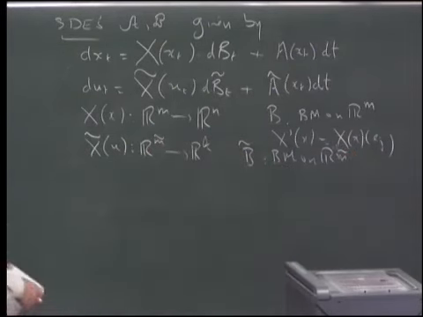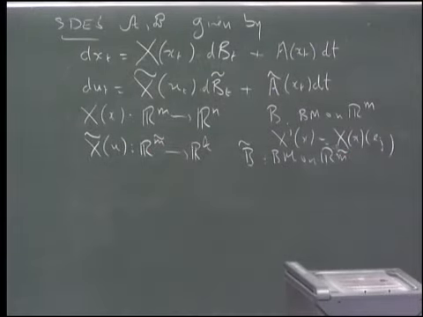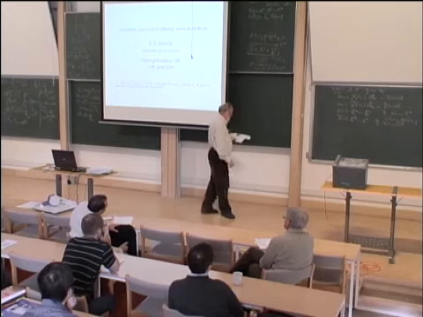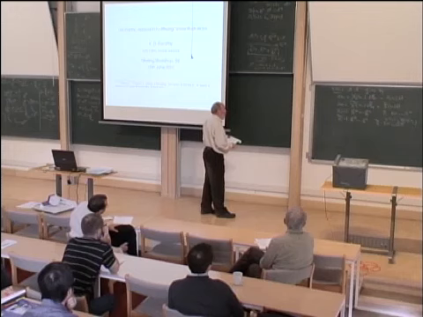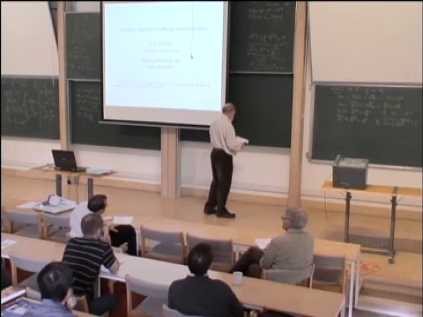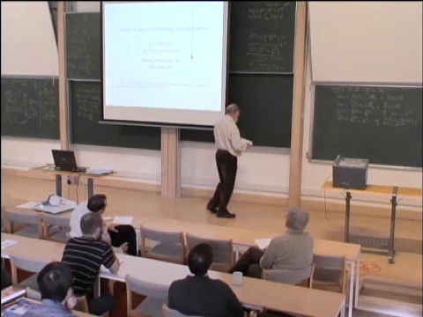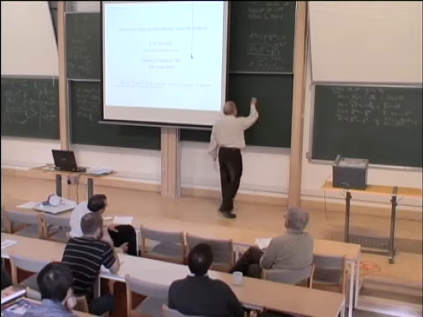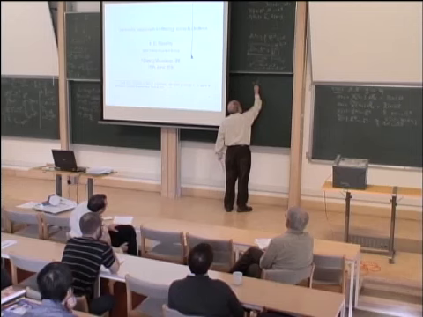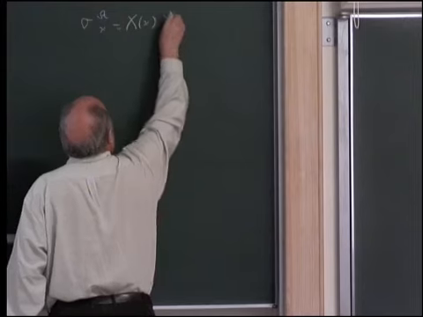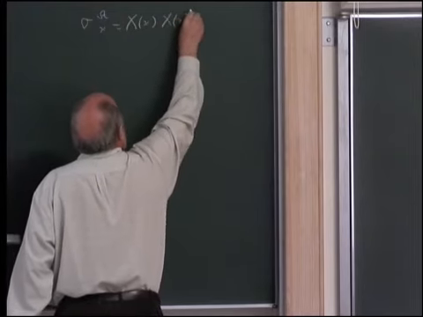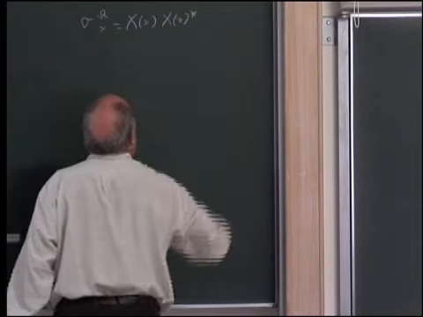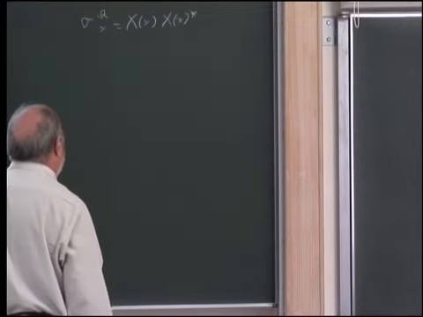So generally I'm thinking of m and m tilde being rather bigger than n and k, but it's not necessarily so. So this means, for example, that sigma A at x has been factorized into X composed with X star.